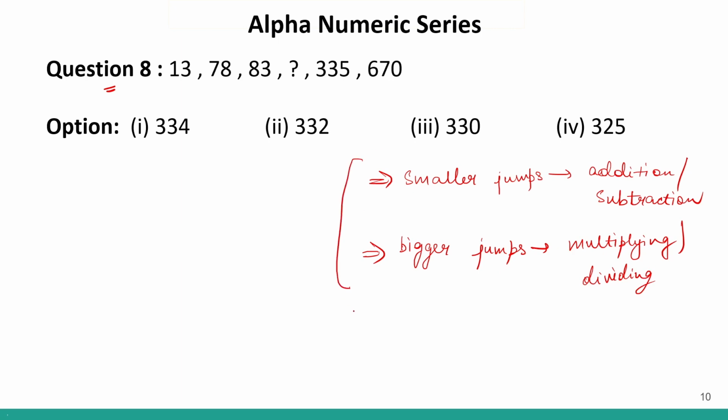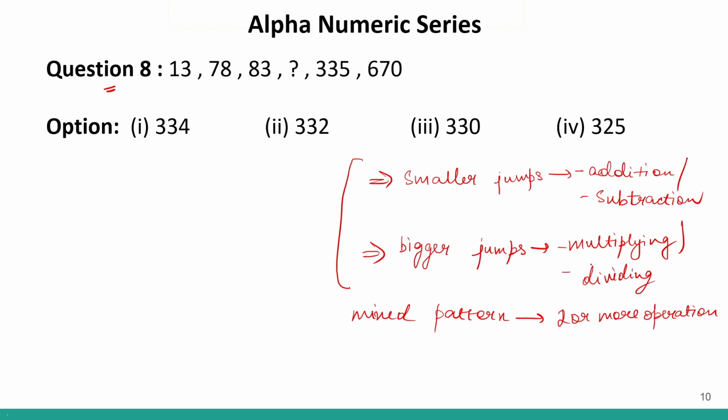Similarly, if you see a mixed pattern, try to assume two things, either two or more operations. That means certain numbers are being added and certain numbers are being multiplied, or certain numbers are being divided and some certain numbers are being added, something like this. Two or more operations. So we have 4 operations, correct?